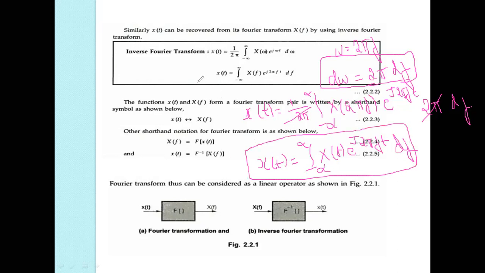So the inverse Fourier transformation in normal frequency for the same signal: x of t is equal to the integral from minus infinity to infinity of X of f e power j 2 pi f t df. And the 2 pi gets cancelled after applying the derivative of omega. So the inverse Fourier transform and the Fourier transformation are effectively reversible.